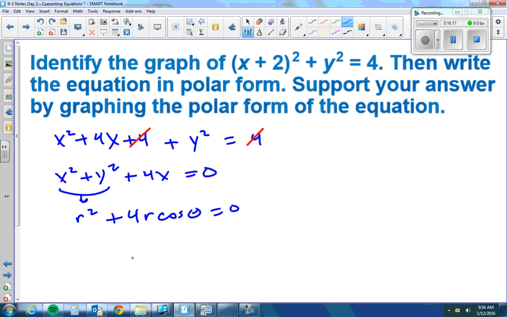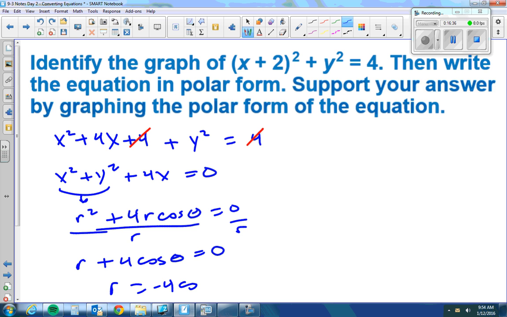Once again, if it had a constant, it would be a much uglier problem, but it doesn't. So just divide by r. I mean, you can do it later, I'll just do it now. You divide everything by r, and you get r plus 4 cosine theta equals 0, or r equals negative 4 cosine theta.